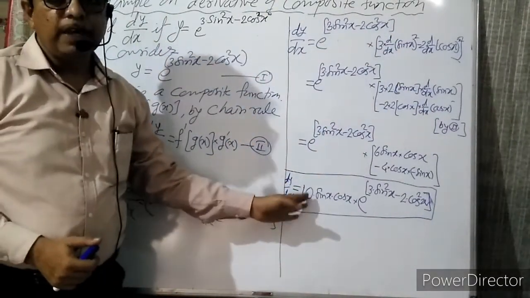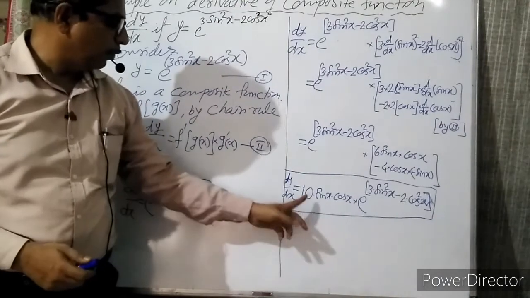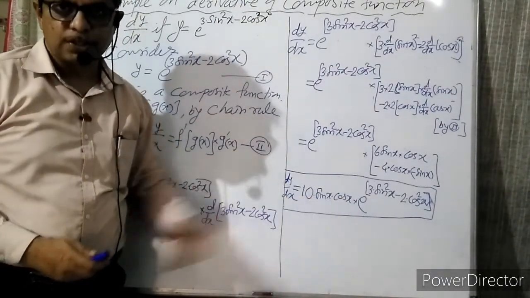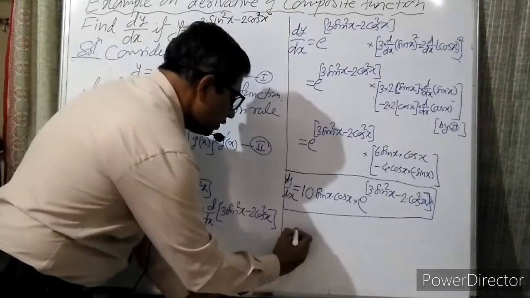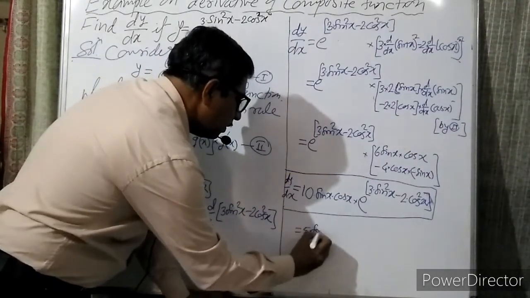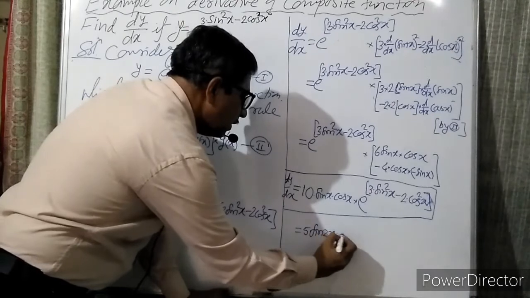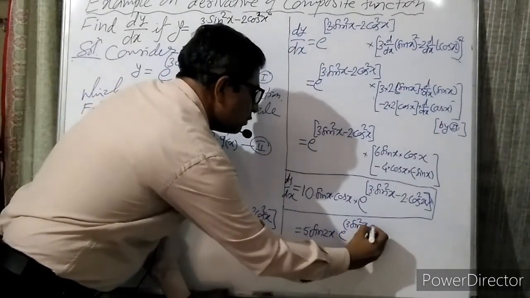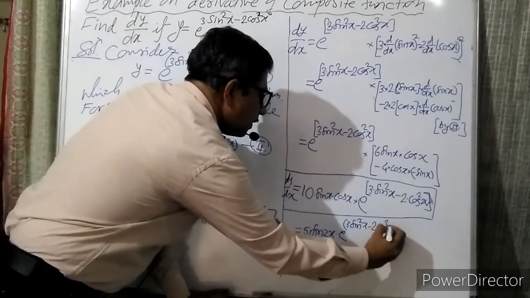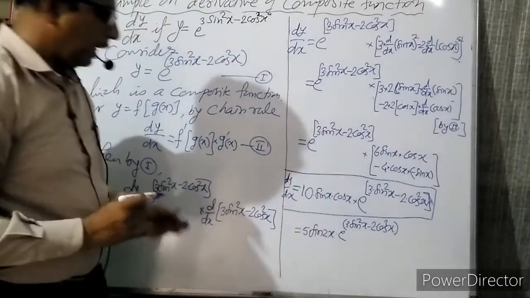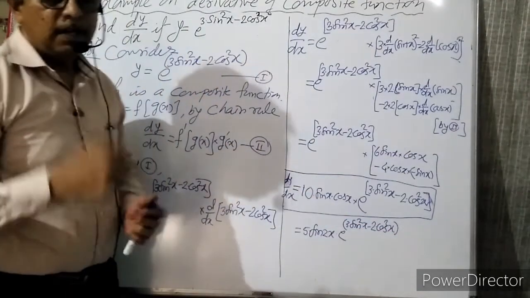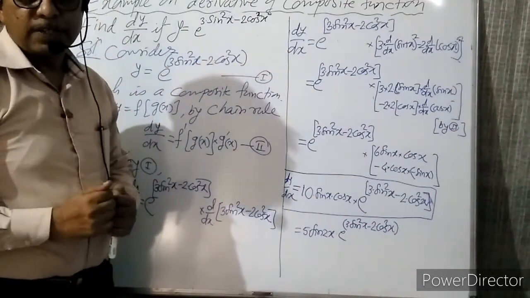In simplification, we have another different answer. You may take 2 here. 5 into 2 sin x cos x is sin 2x. So it may be written like this: 5 sin of 2x into e raised to 3 sin square x minus 2 cos square x. Or one may write this cos square x as 1 minus 2 sin square x.